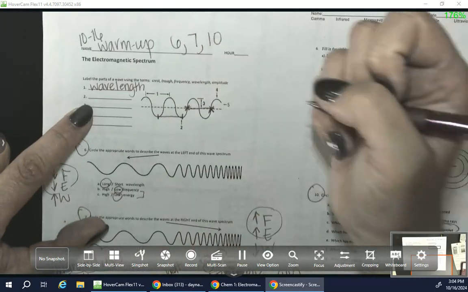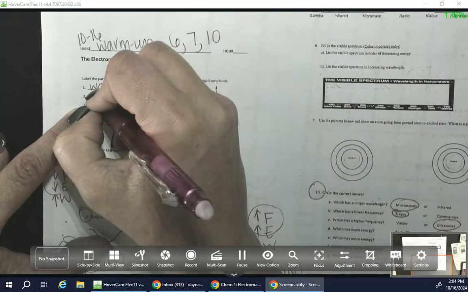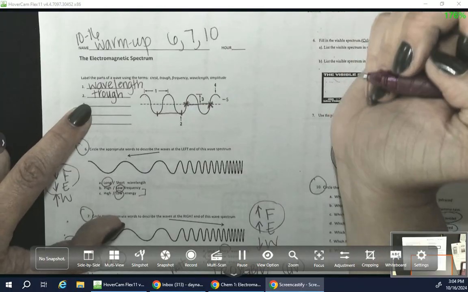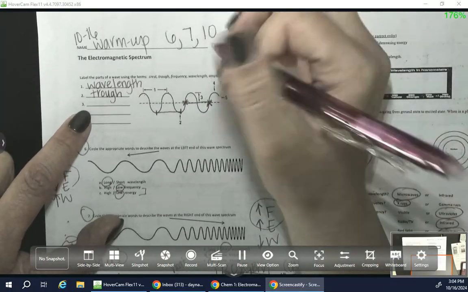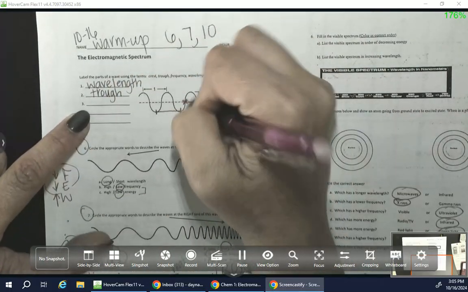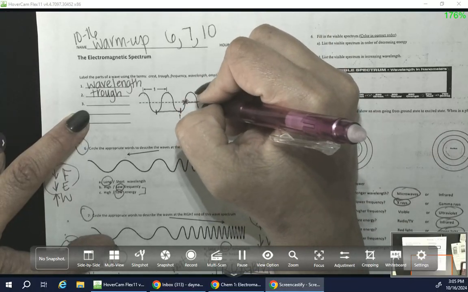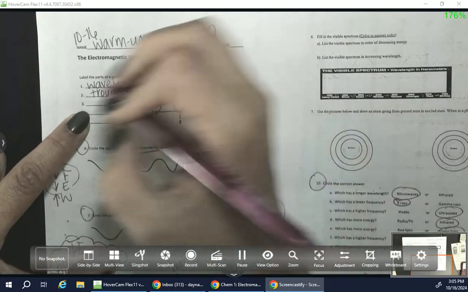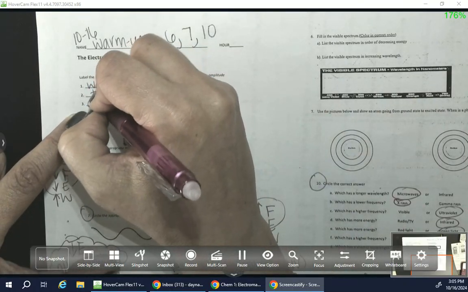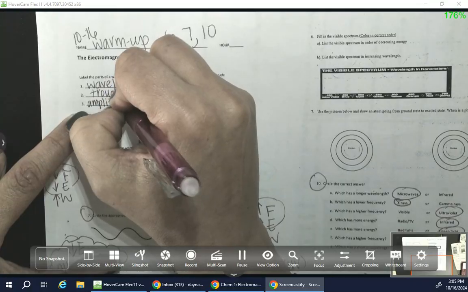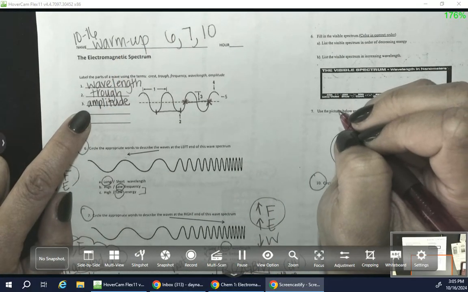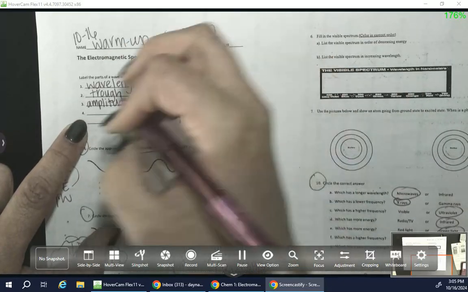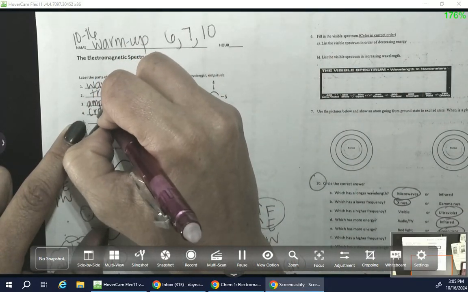Number 2 is showing us a trough. The bottom part of the wave is known as a trough. Number 3 is showing us the height of a wave. It's always measured from the midpoint to the top or the midpoint to the bottom. That is known as amplitude. Number 4 is pointing to the top, which is known as a crest.